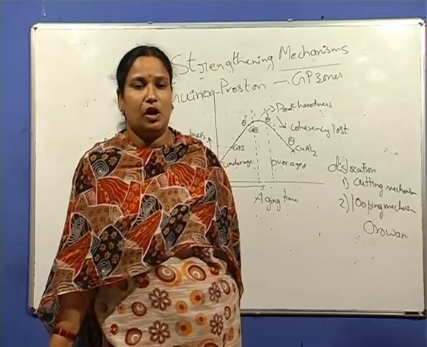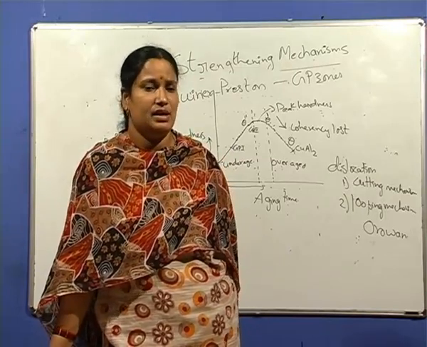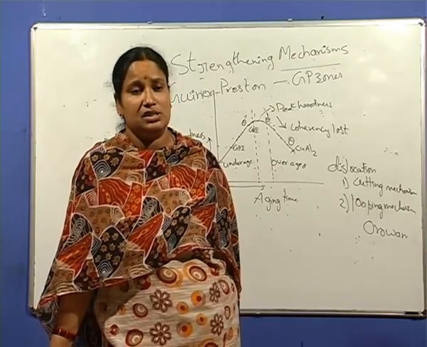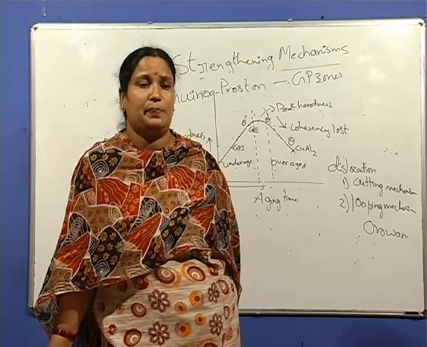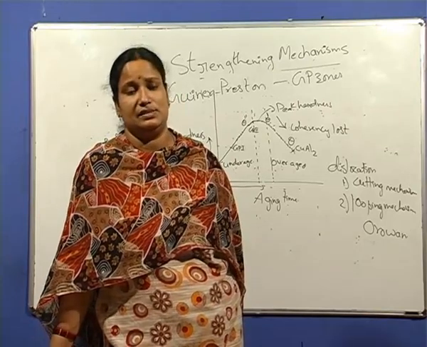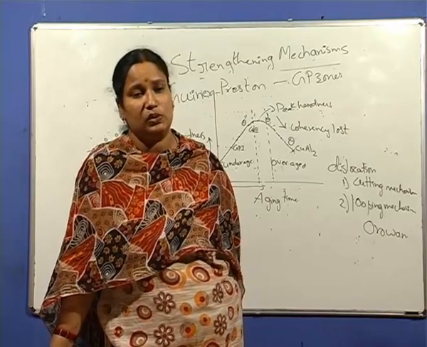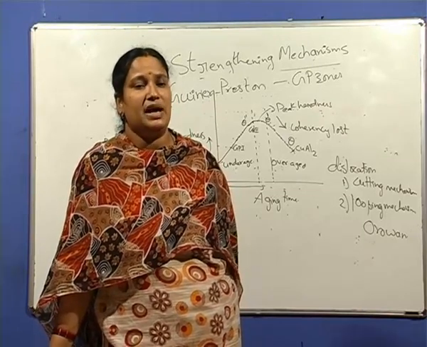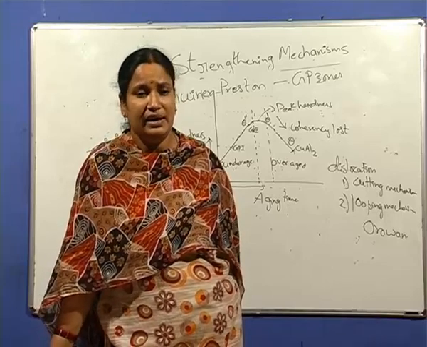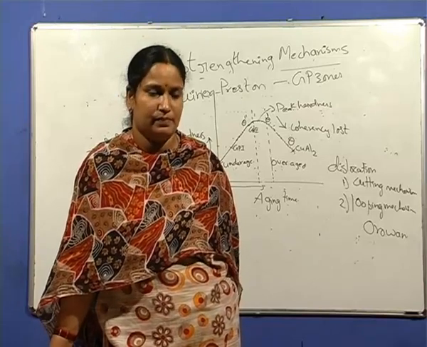So the mechanism that operates when the precipitates are very fine is the cutting mechanism, and when the precipitate particles are larger in size, that is for the coarser precipitates, when the dislocation cannot cut through them, the mechanism that operates is the looping mechanism. That means the dislocation has to bend around the precipitate particles and bypass them.